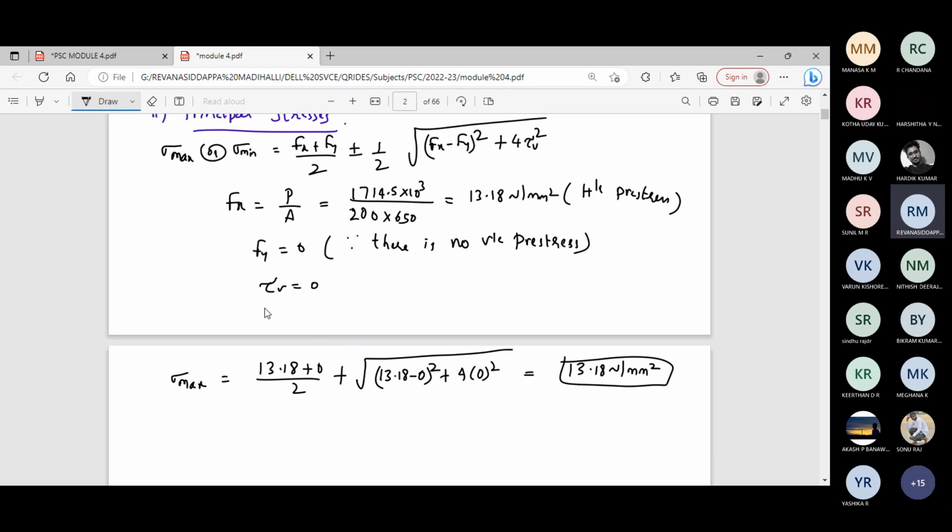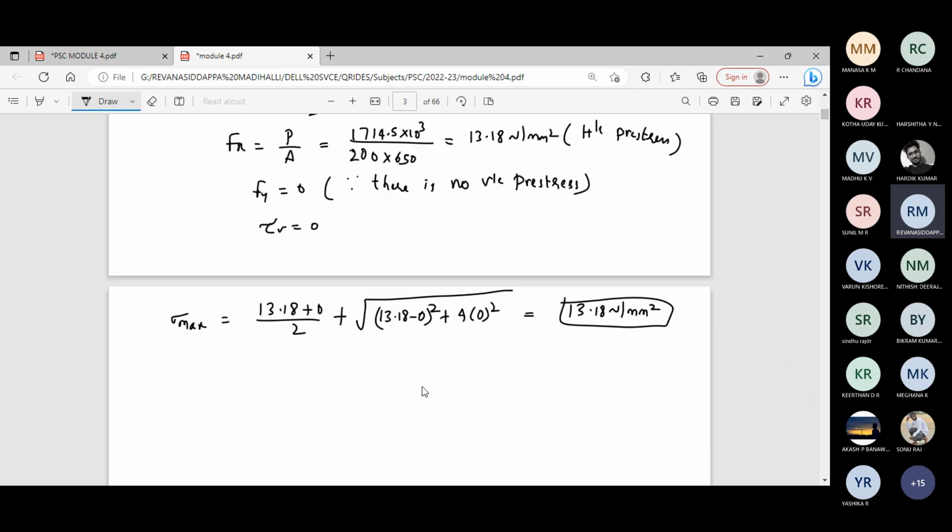And sigma minimum. If you want to calculate sigma minimum, with the same data, the negative sign will come: 13.18 plus 0 divided by 2 minus root of (13.18 minus 0) whole square plus 0.